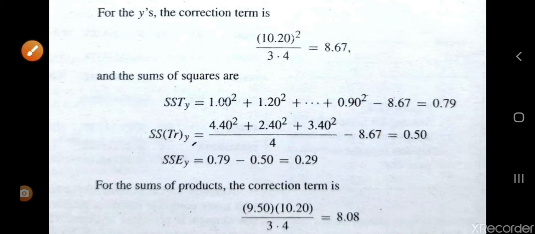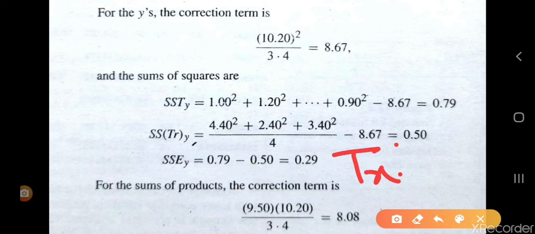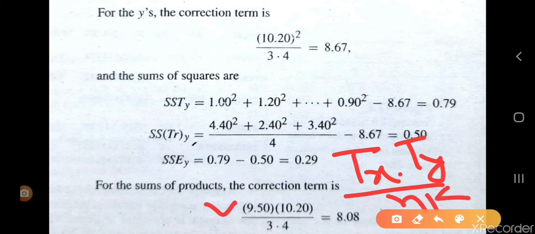So for sum of products, first the correction factor is given by tx into ty divided by n into k. So this is tx ty divided by this will give us c, the correction factor for sum of products.